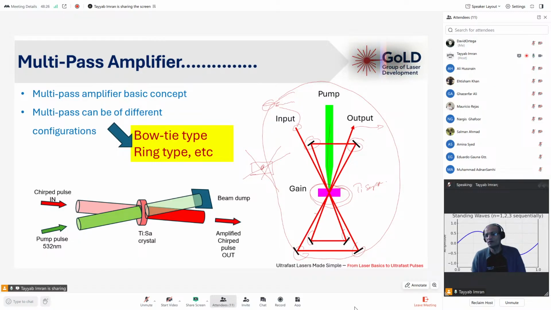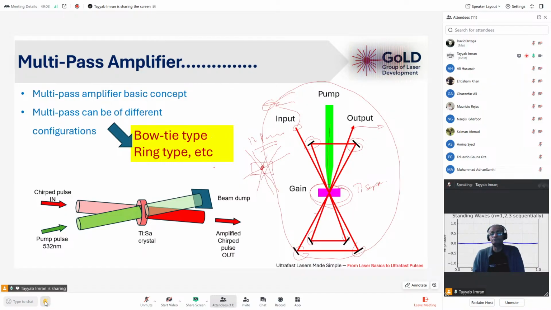No, if you have this point, then all pass through here. And this is the critical thing in amplifier alignment and designing. It is not easy to make a beam pass through a crystal at the same point every time. This one is like 4 passes or something like this, but sometimes we need to have like 12 passes or more. It depends on how much amplification we need.